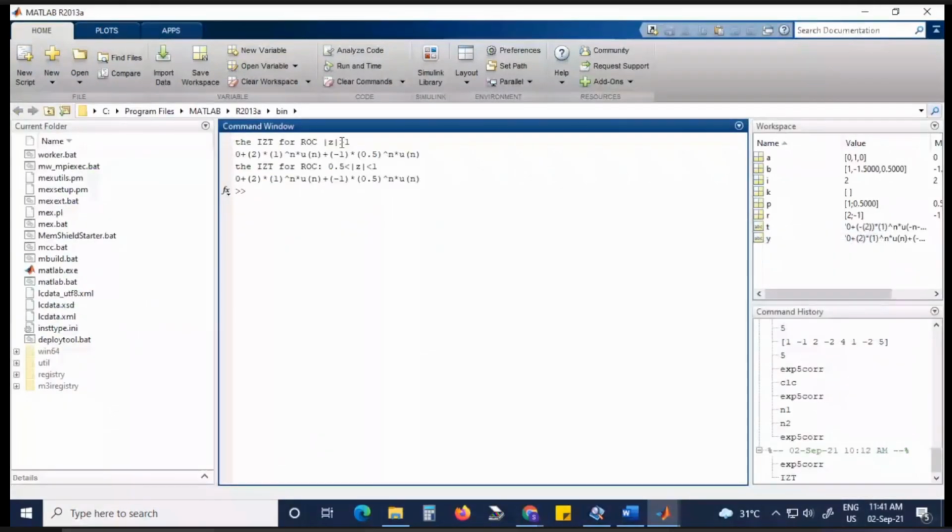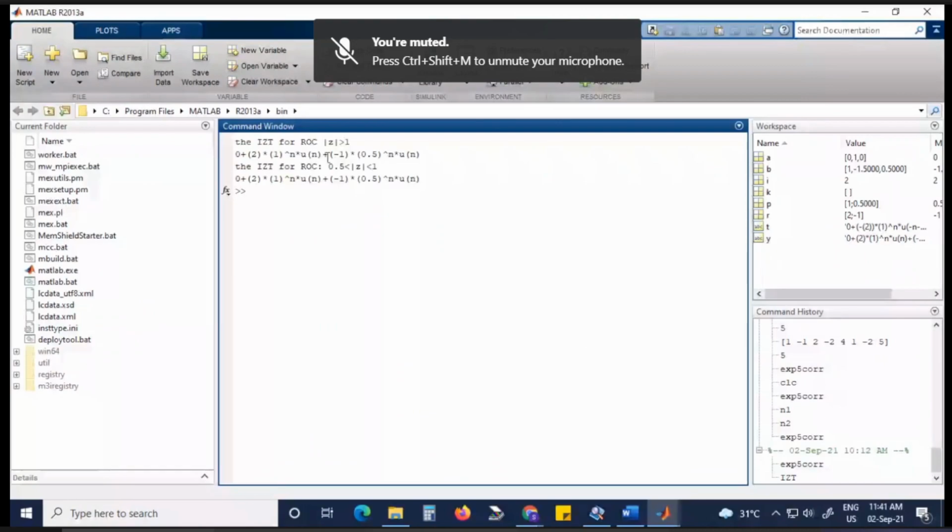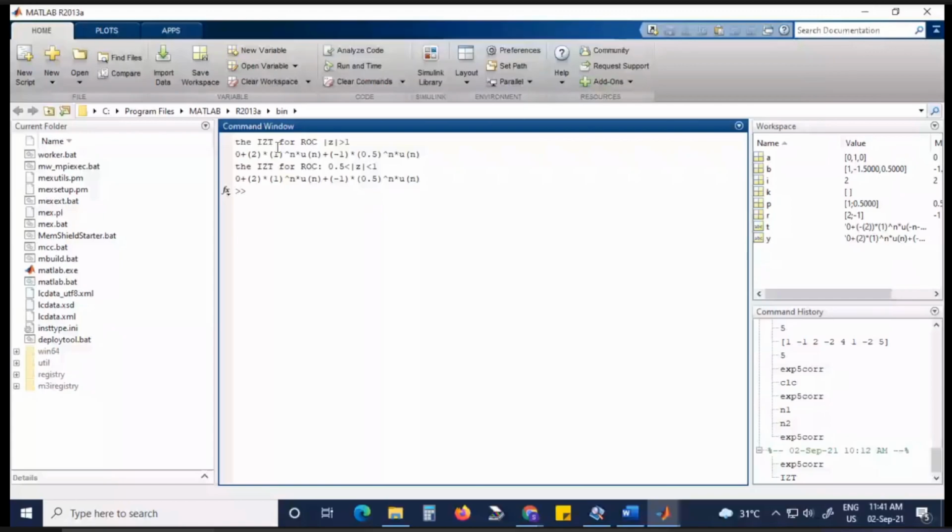And the IZT for ROC mod Z greater than 1 is 2 into 1 to the power n un. 1 का भी पावर रख सकते हो, कोई दिक्कत नहीं है, alpha to the power n un. So that's why it is coming. Alpha is the constant that is coming there.